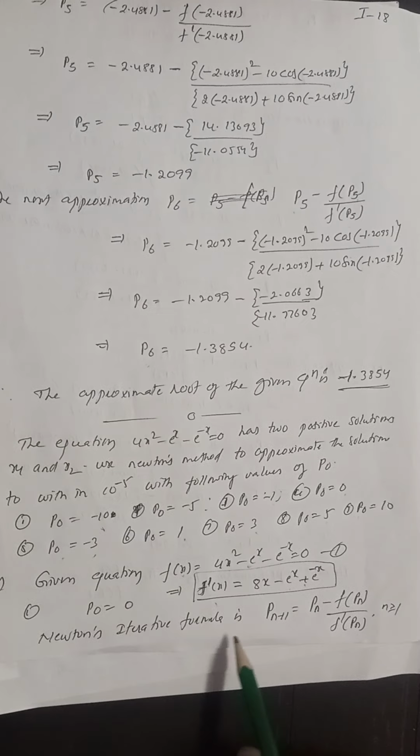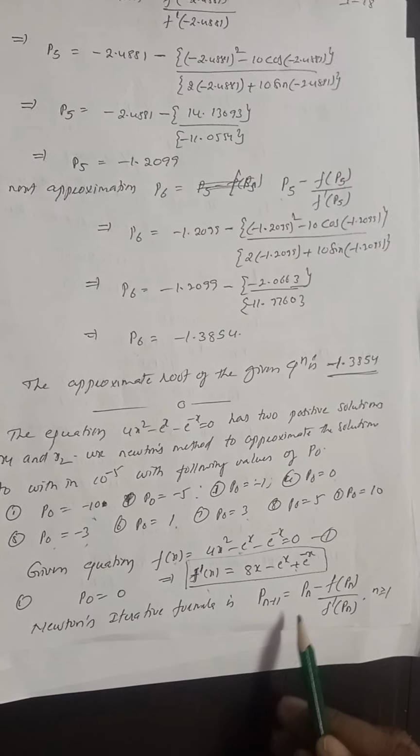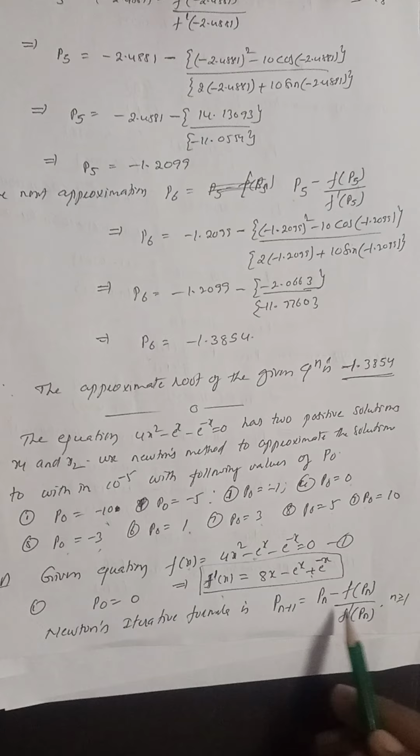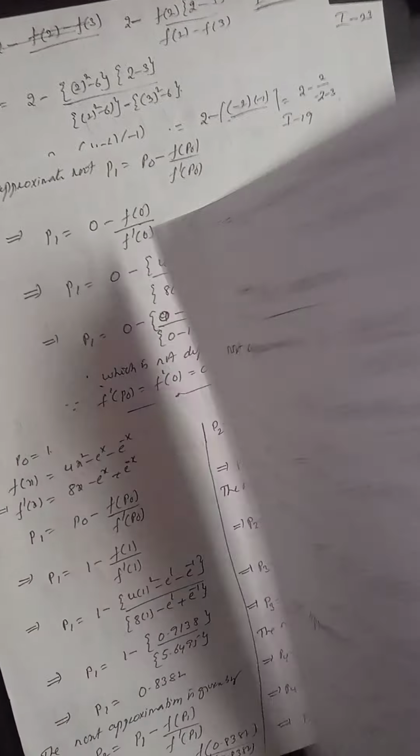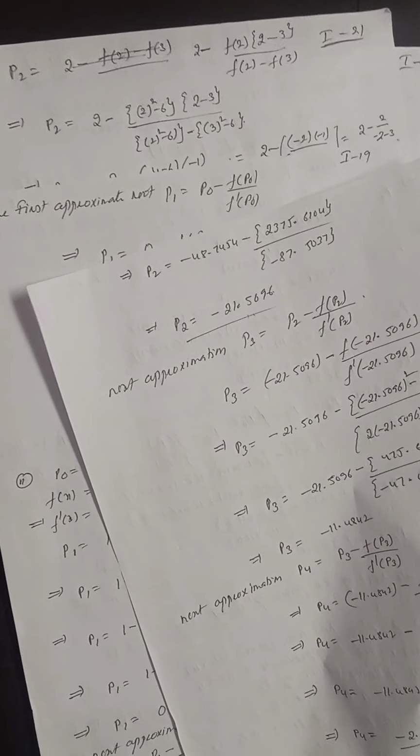Now here Newton's iterative formula is Pn plus 1 is equal to Pn minus f of Pn by f dash of Pn. This is Newton's method or Newton's iterative method.